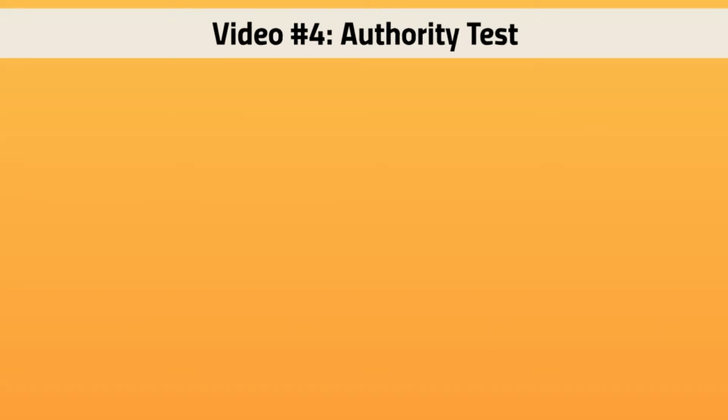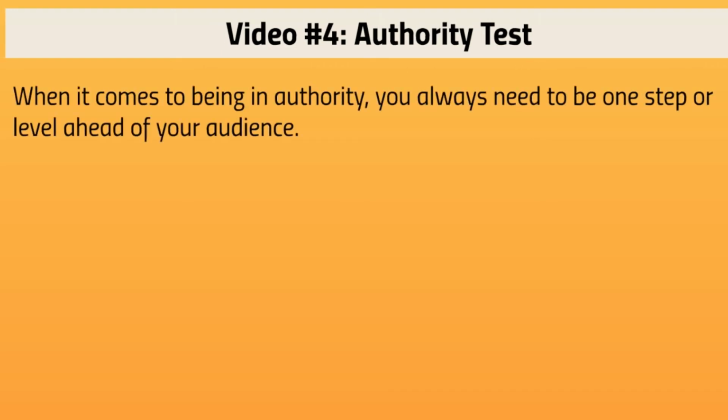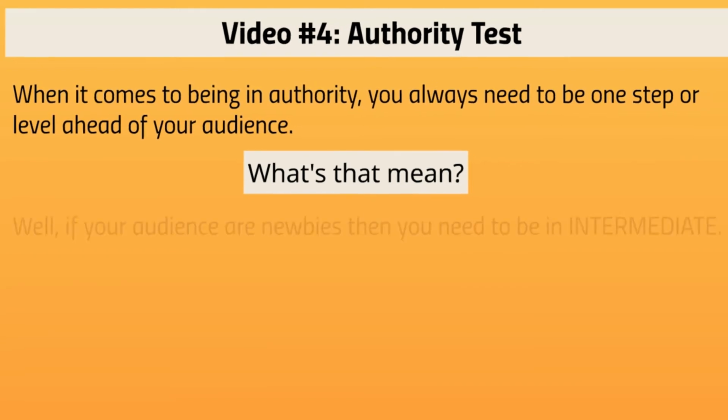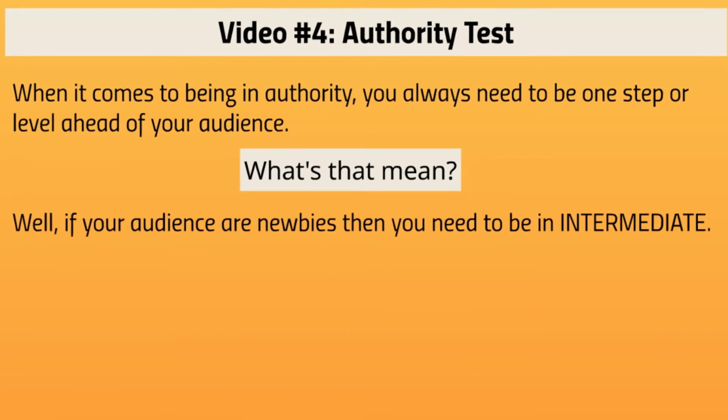Hello and welcome back to video number 4. This is the authority test. When it comes to being an authority, you always want to be one step or one level ahead of your audience. What do I mean by that? I mean, if your audience are newbies, you want to make sure that you are at least at the intermediate level.